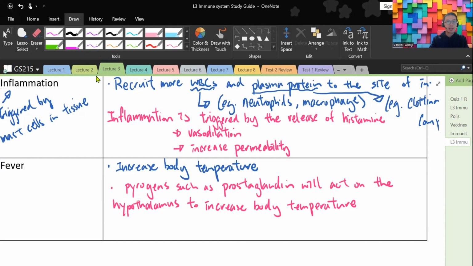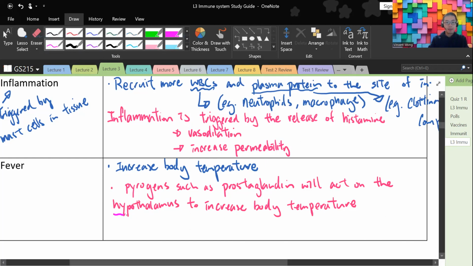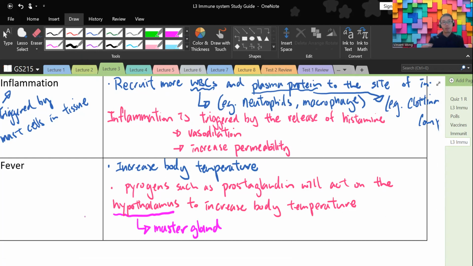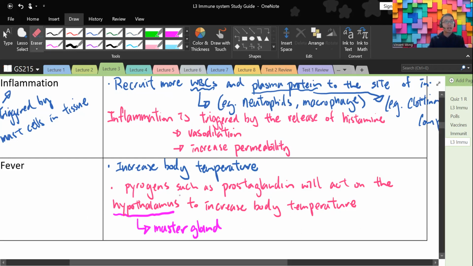Okay, so this hypothalamus, which we'll learn later in lecture 6, I think, is called a master gland. Many things that happen automatically in the body are controlled by it. So hunger, thirst, sleep-wake cycle, body temperature, that's controlled by the hypothalamus.